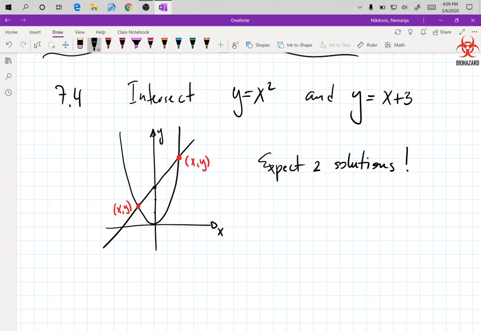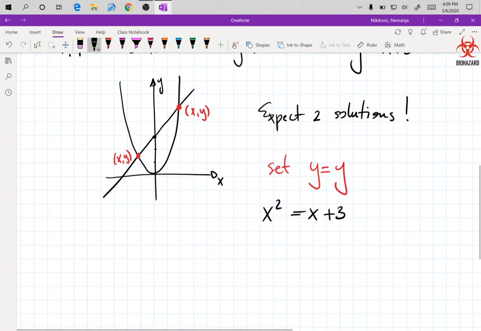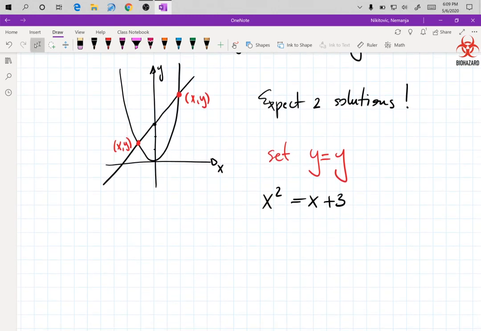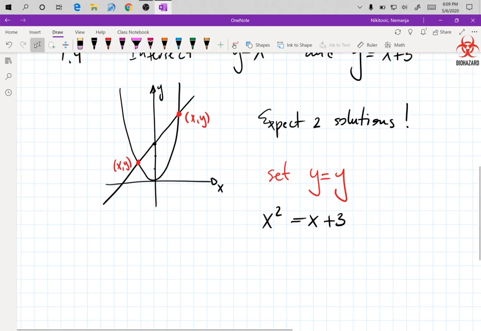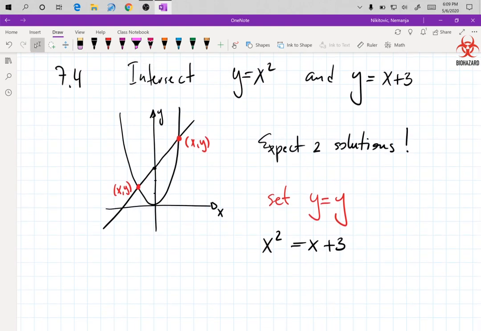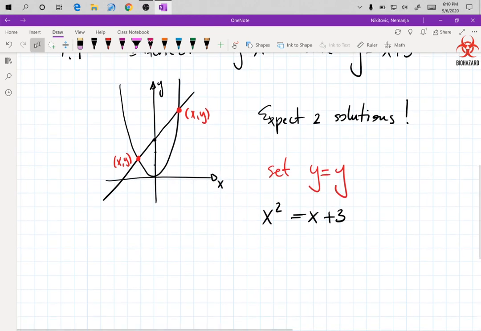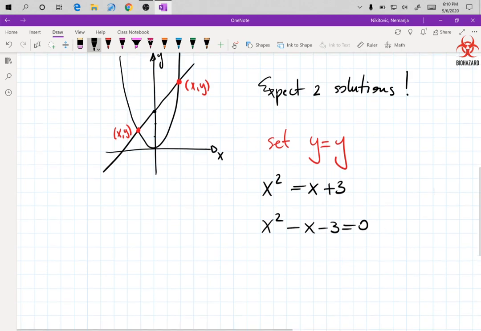Now, the way to solve is always going to be either substitution or elimination. We can just set y equal to y. So what do we get? We get x squared is equal to x plus 3, because if y is equal to y in the substitution method, then x squared is equal to x plus 3. So this is now x squared minus x minus 3 equal to 0.